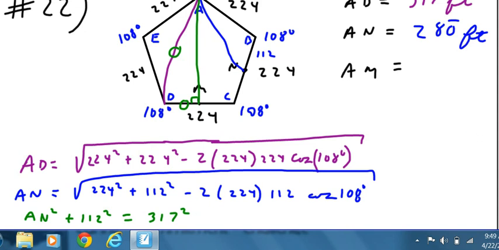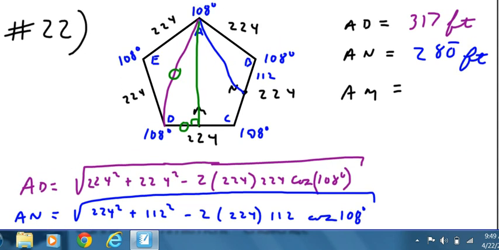If 317 is wrong, I'm going to get this one wrong. So I'm going to go back and redo it: the square root of 224 squared plus 224 squared minus 2 times 224 times 224 times the cosine of 108. Oh, bummer. You guys got 362? I have 362 this time. It's 362 feet.